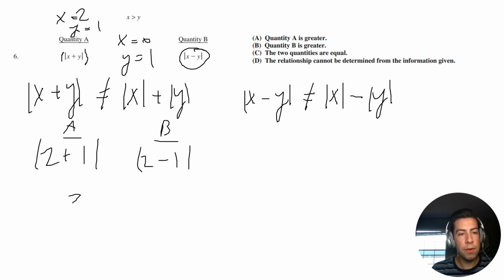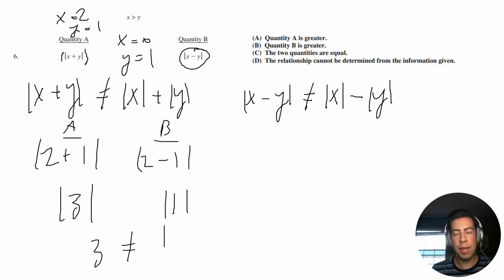So now we have the absolute value of 3, and now we have the absolute value of 1, but 3 is not equal to 1, okay? So these are not the same thing. We don't know what these numbers are, but we know that if we plug in 0 and 1, and then if we plug in 2 and 1, we're going to get different answers. So it can't be A, it can't be B. They're definitely not equal. So the answer is that we don't have enough information, okay?